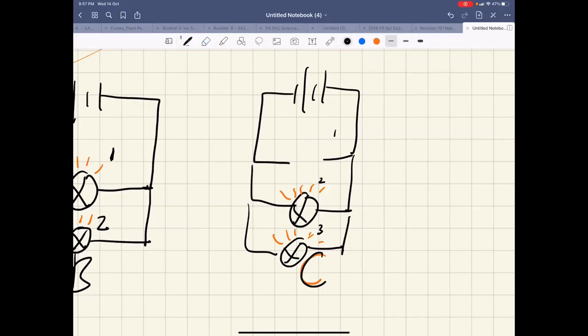Now, initially, there is a pathway that's going on here. Because of the gap that's introduced here, we know that this is no longer possible. However, for the rest of the circuit, we know that there are alternative ways to reach the other 2 light bulbs.